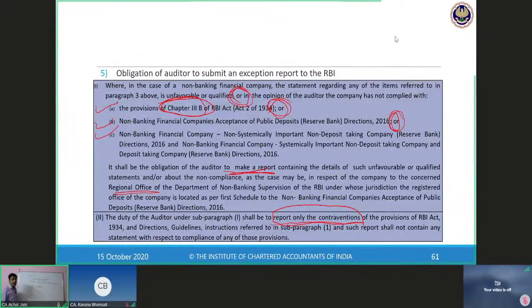So what will be the reporting requirements on the part of the auditor? One, the auditor will report to the board of directors and will give an unfavorable statement. B, the auditor will report to the board of directors and will not give an unfavorable statement.